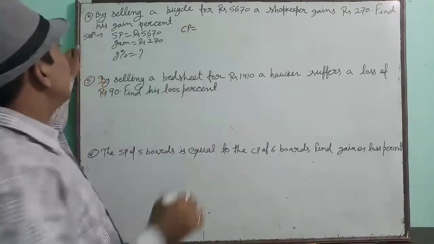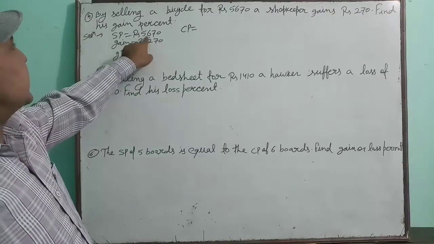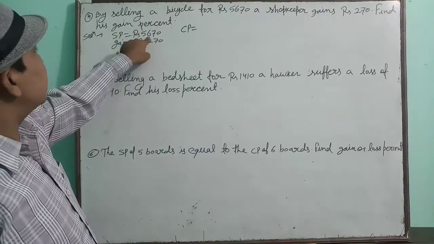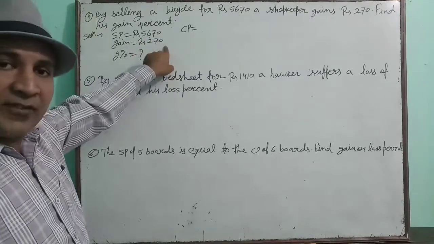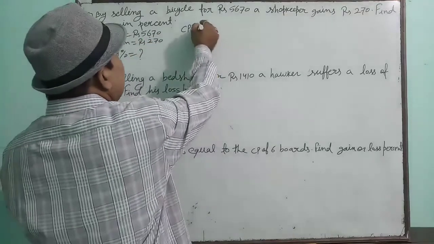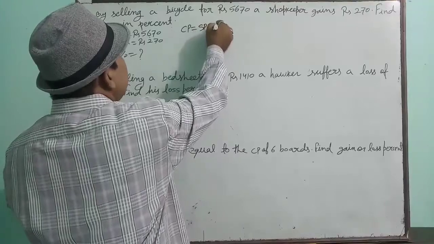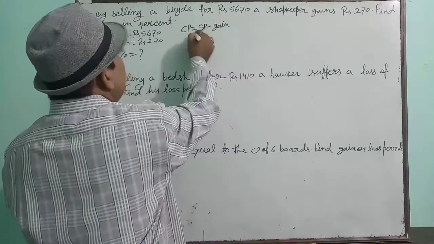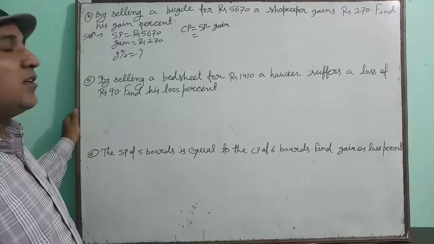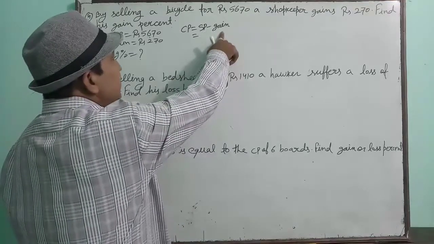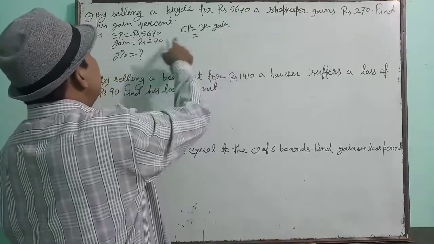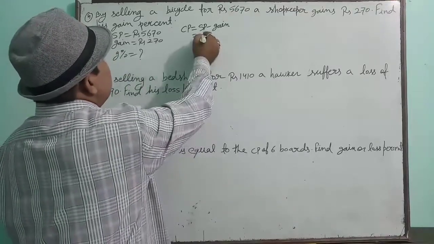See children, if by selling the bicycle for 5,670, 270 is the gain, then from selling price if we subtract the gain, we will find the cost price.